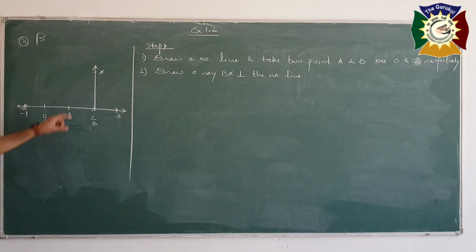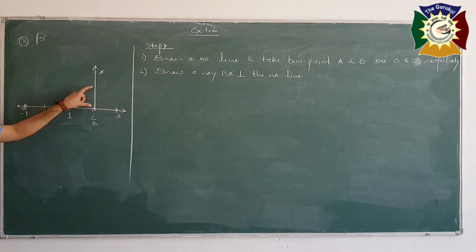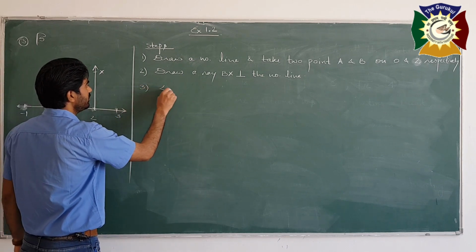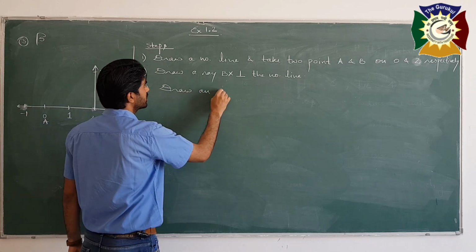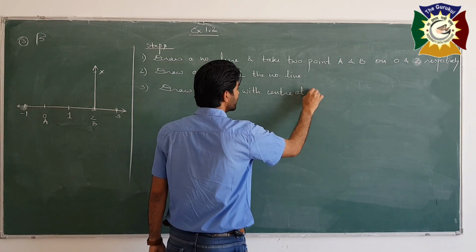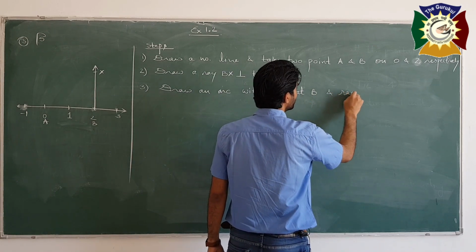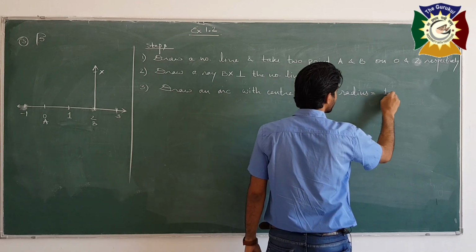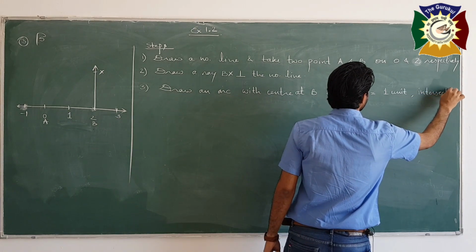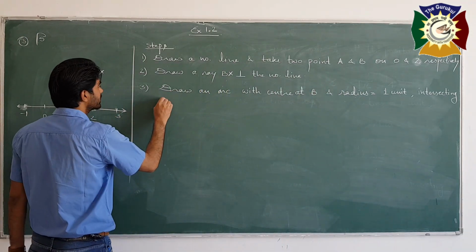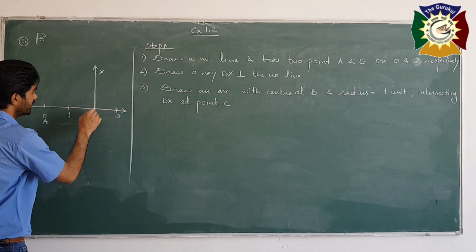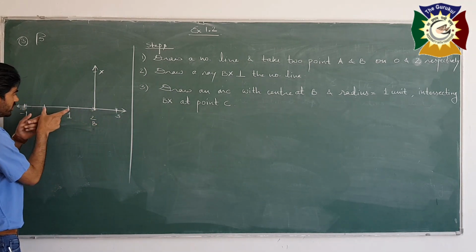Now we will draw an arc by taking radius as 1 unit and it will intersect the ray BX at point C. Third step, draw an arc with center at B and radius equal to 1 unit intersecting BX at point C. So I'll put the compass here on B. Open the compass up to 1 unit, this much.